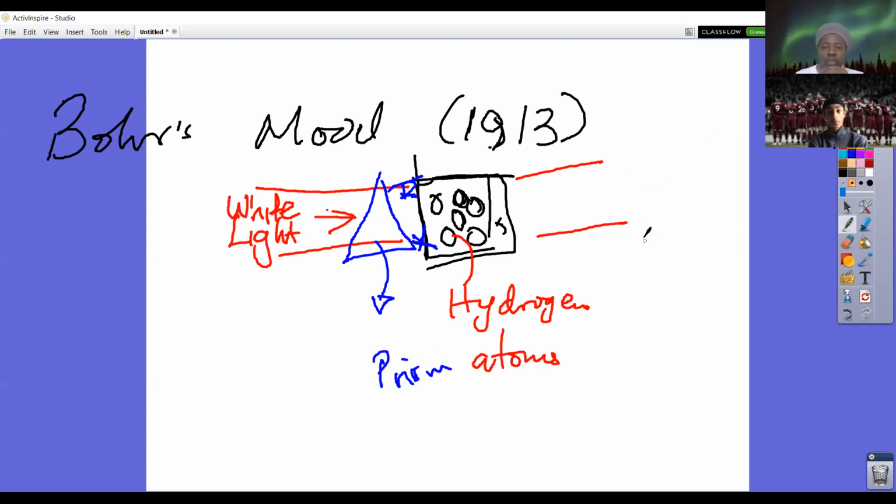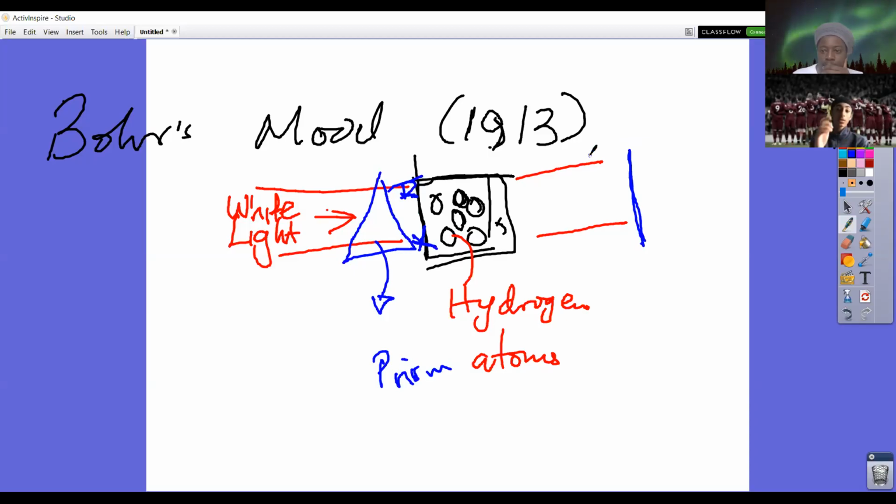What you get on this screen, you find that some of the colors from the rainbow are missing. What's happened to them? That's in the nucleus. Yeah. So what has the nucleus of these hydrogen atoms done to that color? What's it done to it? Has it just blocked it out?